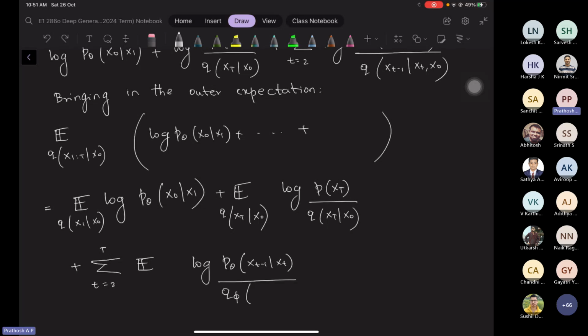There is no q phi, sorry. And the dependency is on q of xt minus 1 given xt and x naught, correct? This is fine, no?